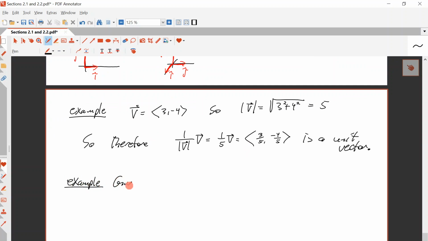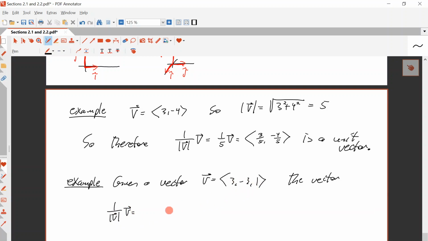Right? Given a vector in 3D, v equal to (3, -3, 1), the vector 1 over the length of v times v. And what's the length of v?